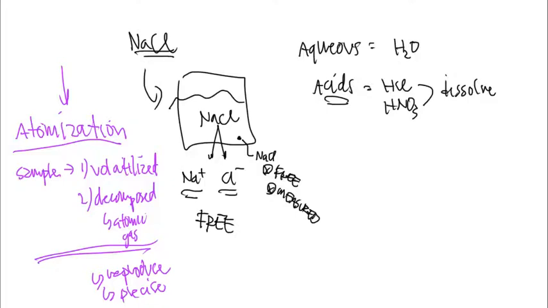I have to make sure that my atomization process is going along as planned because everything relies on the atomization process. Everything. This is what provides the sample to the machine, which is only going to find what it sees.